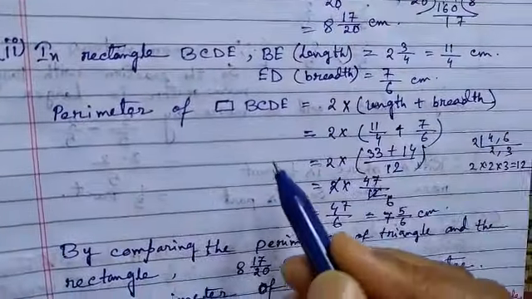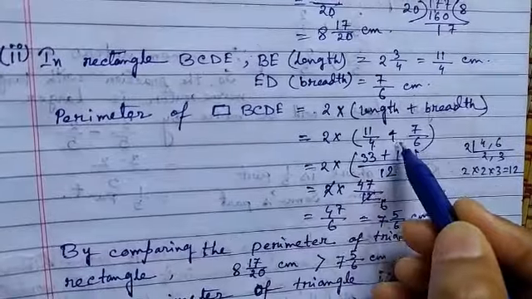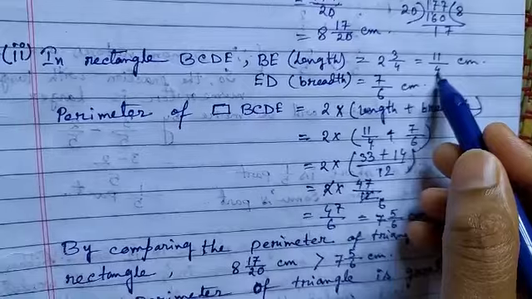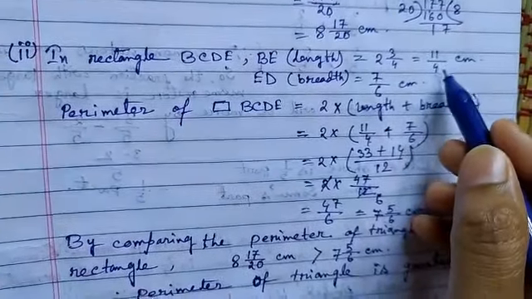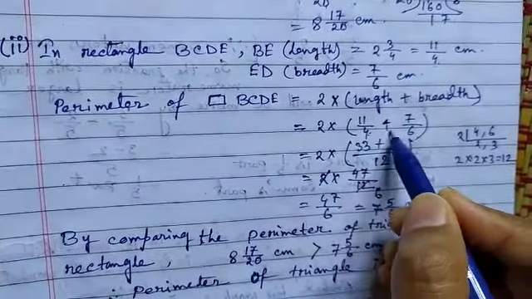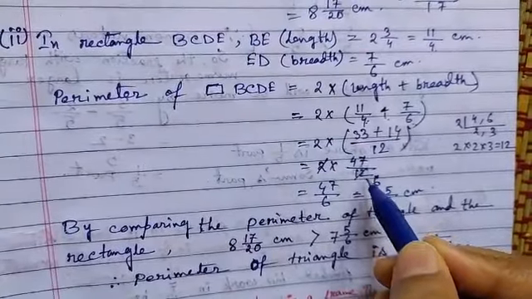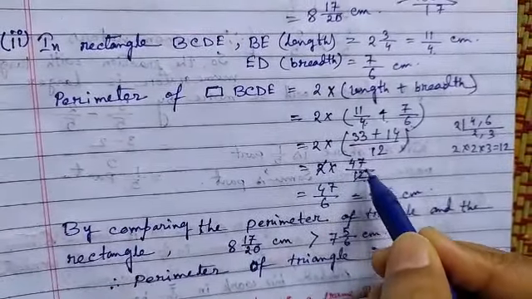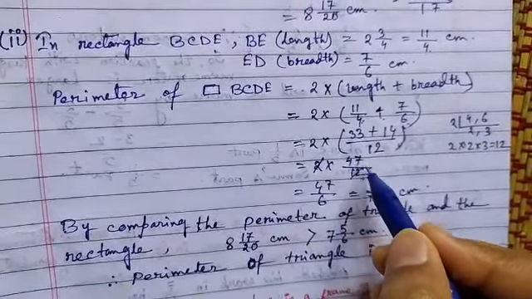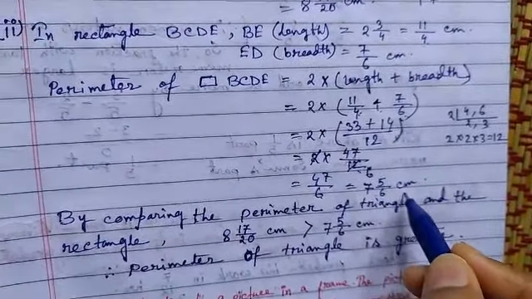So here in the formula those values will be put, 11 by 4 plus 7 by 6. 2 whole 3 by 4 is converted into improper fraction 11 by 4. Then 2 into 11 by 4 plus 7 by 6. Then simple addition. After addition 47 by 12, then 2 into 47 by 12, then by 2 it can be cut, then 47 by 6 equal to 7 whole 5 by 6 centimeter.